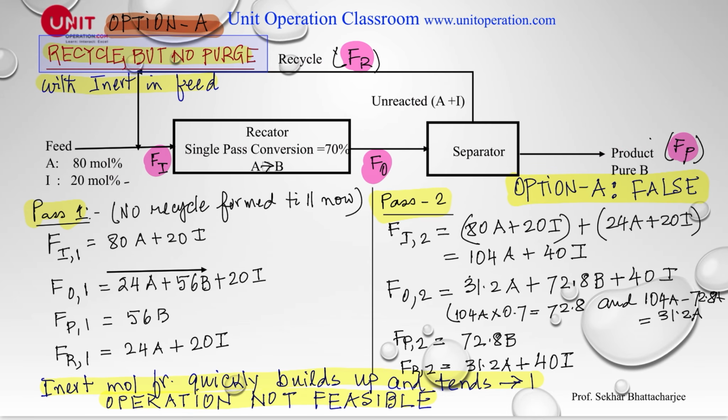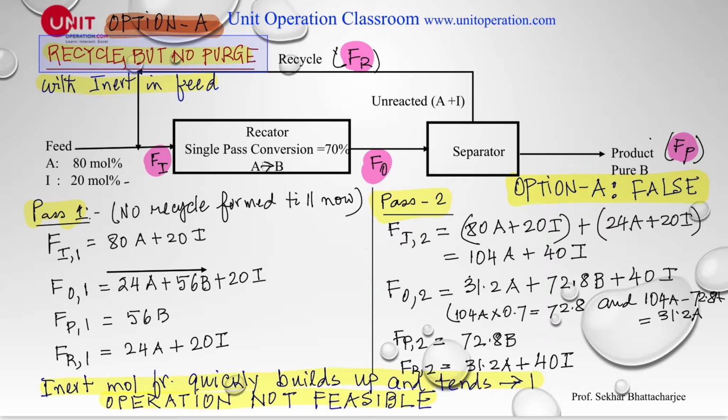To give you a very quick example of what is happening here, this is what is entering after mixing the fresh feed and the recycle. In the very first case, pass one, where there is no recycle, 80A plus 20I is coming, that will be here.